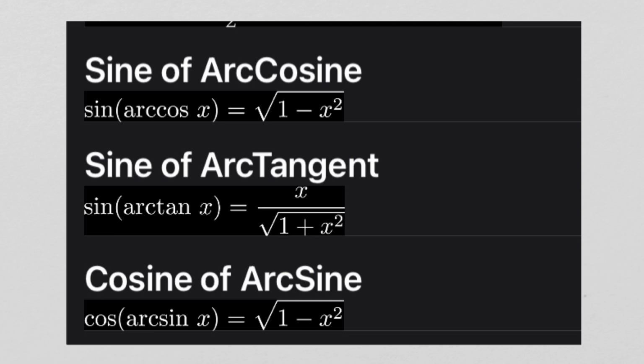Sine of arc cosine x equals the square root of 1 minus x squared. The sine of arc tangent x equals x divided by the square root of 1 plus x squared. The cosine of arc sine x equals the square root of 1 minus x squared.